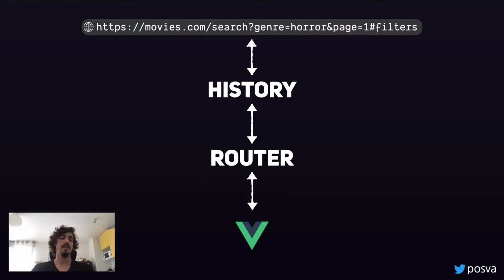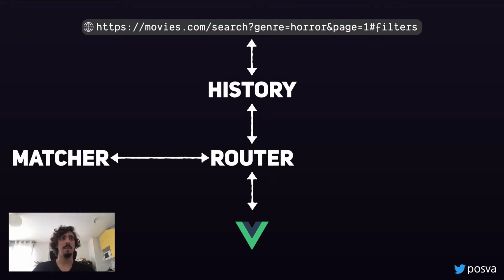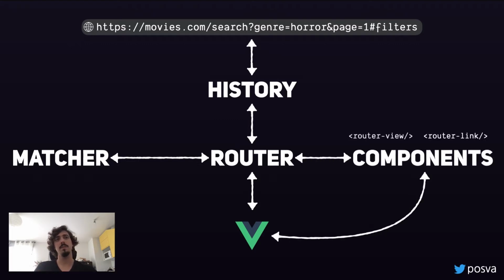I've already done some talks about how the router works inside, so I'm not going to explain that, but you have this URL that goes through a history module that talks to the router, and the router also communicates with a matcher that recognizes the URL and assigns it to the route components that you define. Then the router passes that to the components, which are router link and router view, and you get access to all that information in your Vue application.